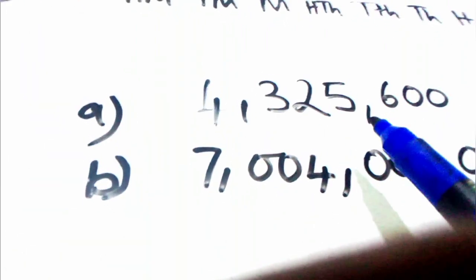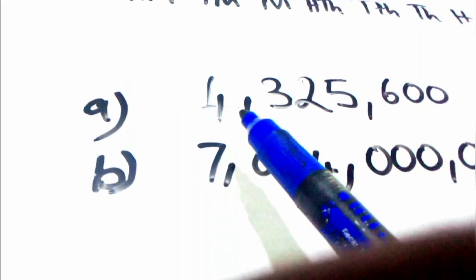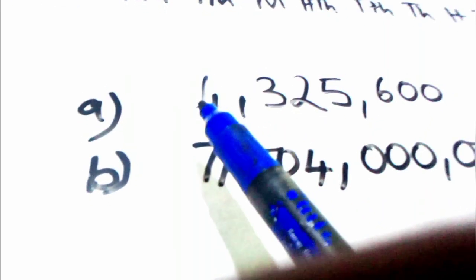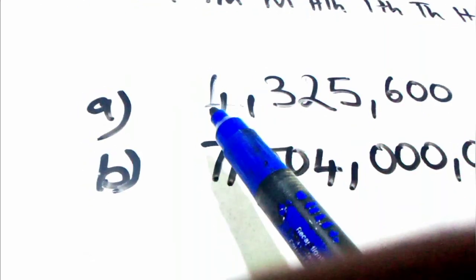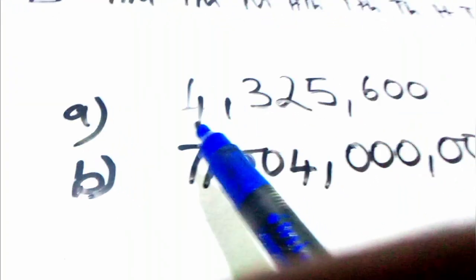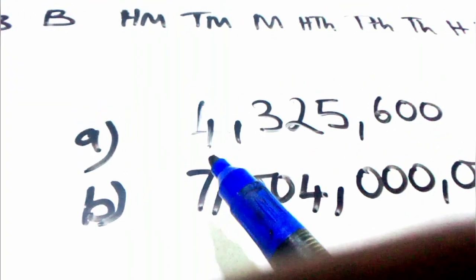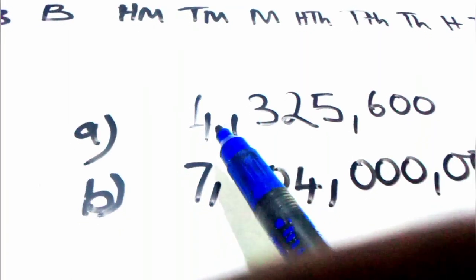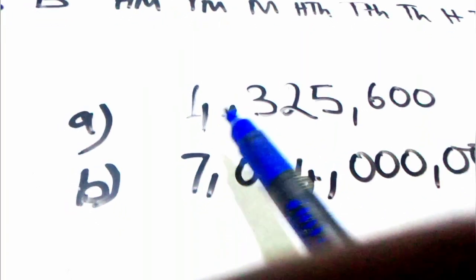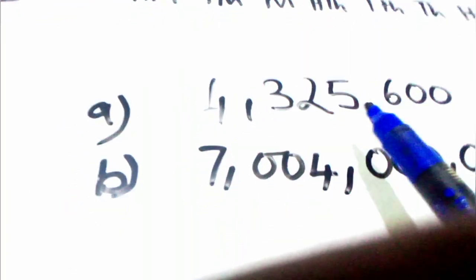Looking at this, the first comma is in thousand, the second is in million. So we know that this number is in millions. So this should be 4 million. But let's not just use that method. Let's fix it into our place value and see how to read this number. But already the number is in million. It has 2 commas. That means when you break the number into three digits, you have 2 commas. So this number is in million.